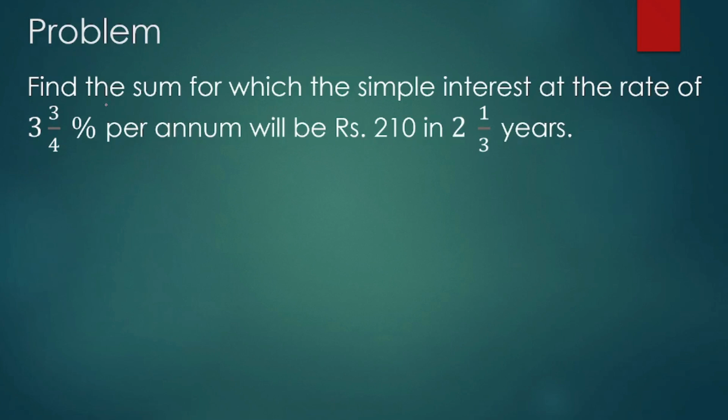Now we see another type of problem in simple interest. Find the sum for which the simple interest at the rate of 3 3 by 4% per annum will be rupees 210 in 2 1 by 3 years. So the sum here means the principal amount we have to find, and the rate is given as 3 3 by 4, and the simple interest paid is 210 for 2 1 by 3 years.